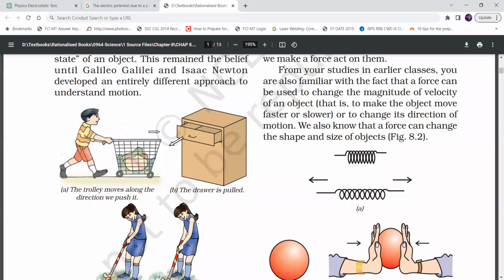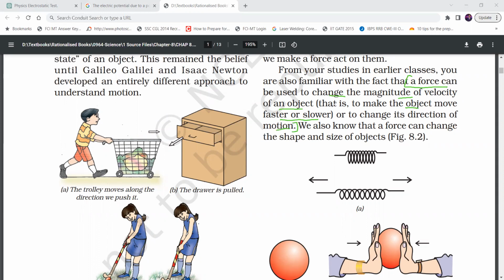From your studies in earlier classes, you are also familiar with the fact that a force can be used to change the magnitude of velocity of an object, that is to make the object move faster or slower, or to change the direction of motion.